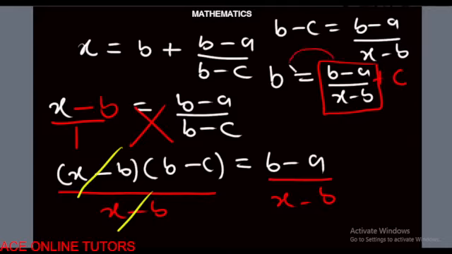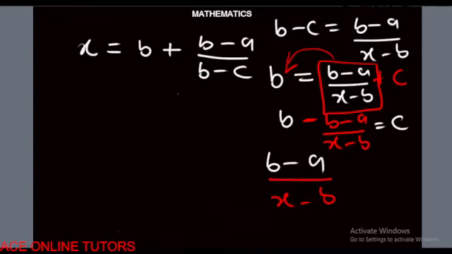So you bring this to this side, so that it's going to become b, then what you are bringing is minus (b minus a) over (x minus b). Then on the other side we are left with only c. So that is what we are going to have for now.